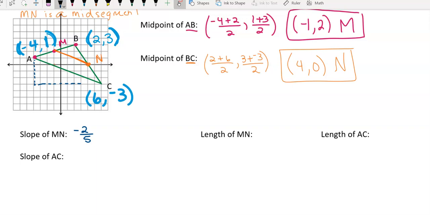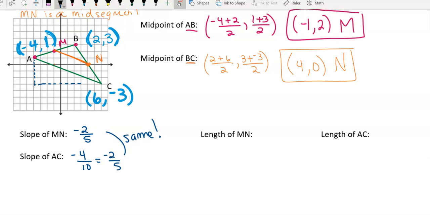So that would be a slope of negative 4/10. Yeah, that simplifies to negative 2/5. So they're the same. And when the slopes are the same, we know that means the lines are parallel.